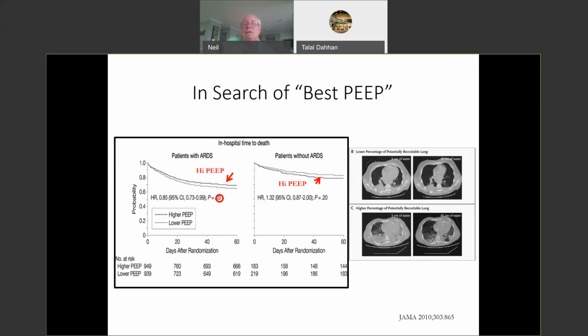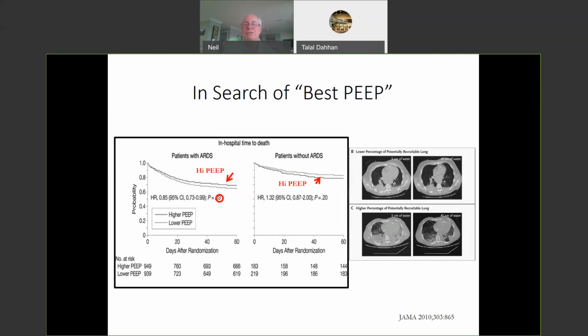If you have a lung, like in the upper panel there, with not a whole lot of inflammation, and you push a high PEEP strategy on that lung, you may just end up not recruiting very much, and in fact, only serving to over-distend the healthier regions of the lung.